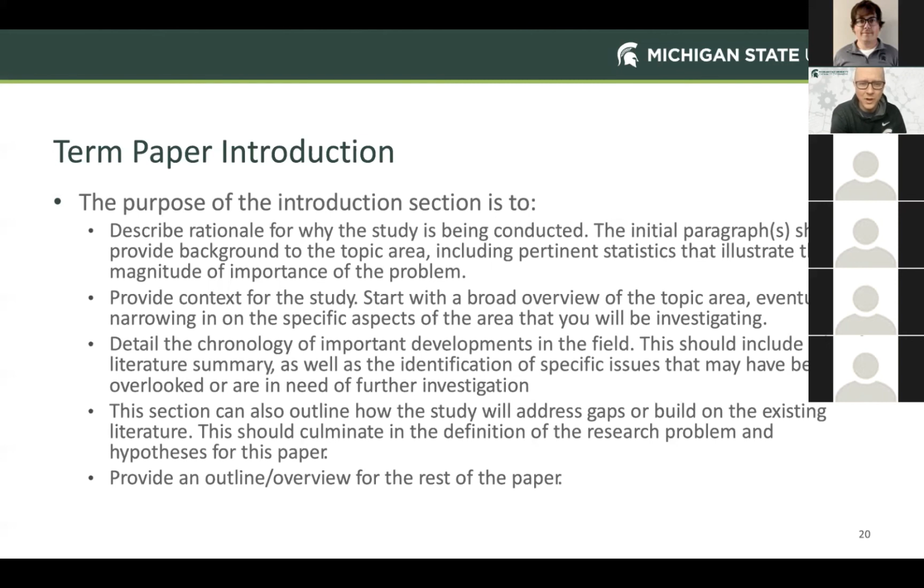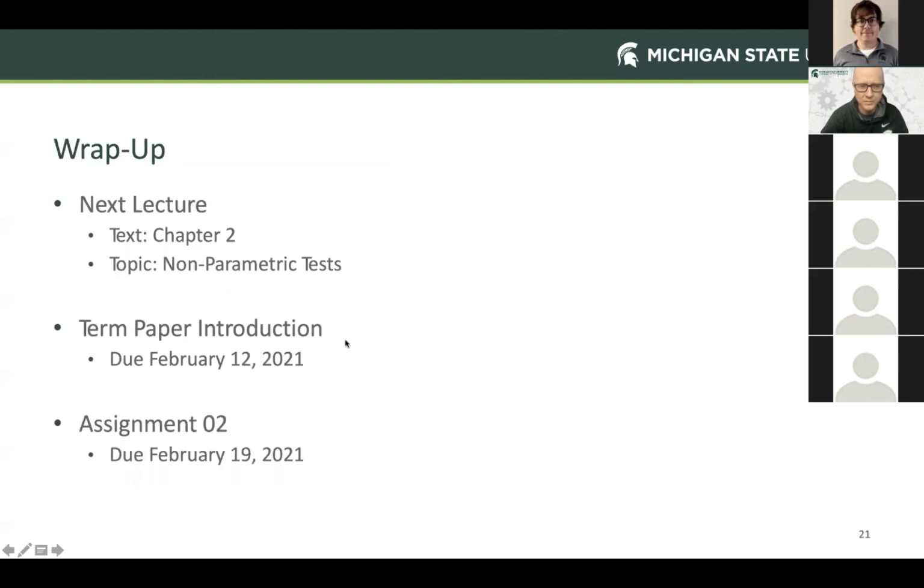And so I'll try to give you some constructive feedback from that standpoint as well. But that's basically what we're looking to get turned in for the end of this week. Okay, so I don't know if we have any questions on the term paper piece from anybody. Going once, twice, three times.